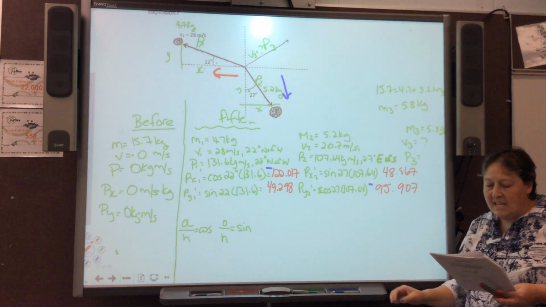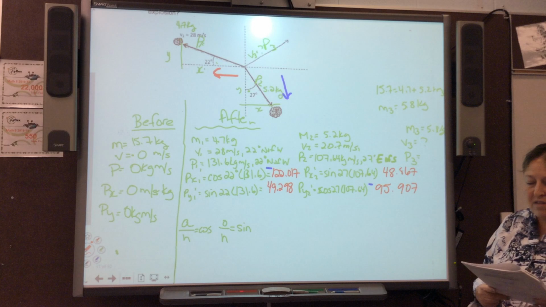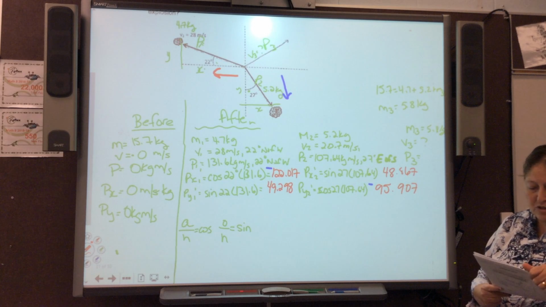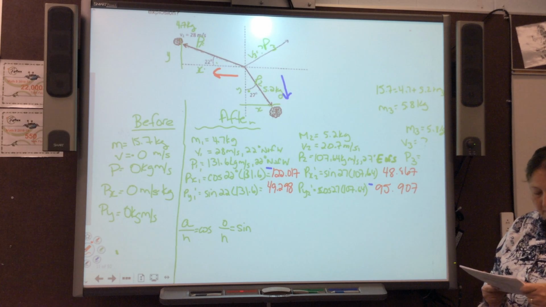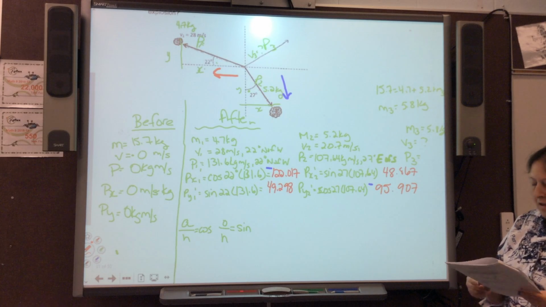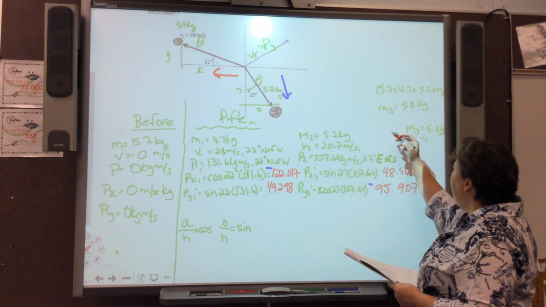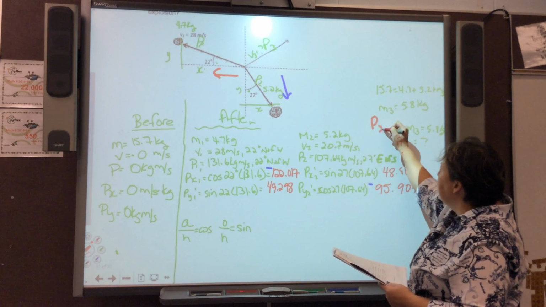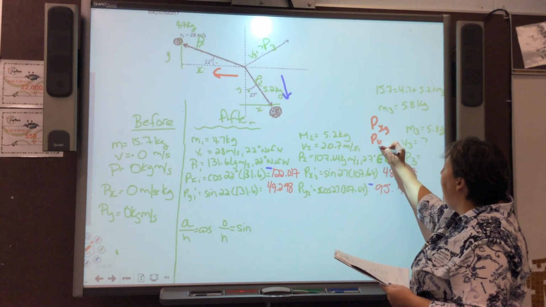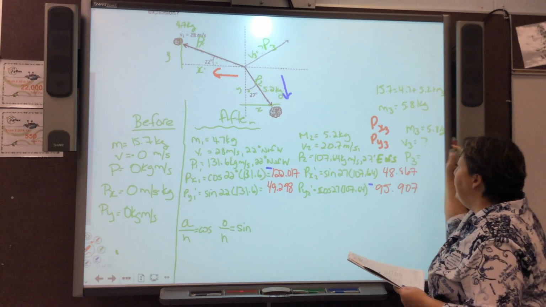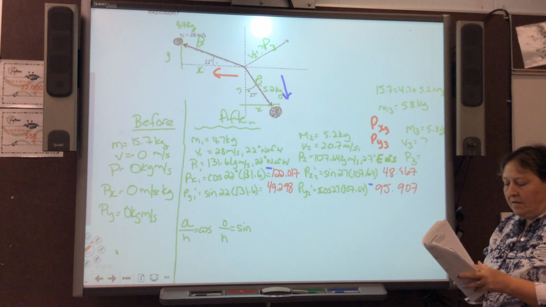Okay, so it's asking us what is the velocity of the third piece after the explosion. So we have P x3 and P y3 is what we need to be looking at.